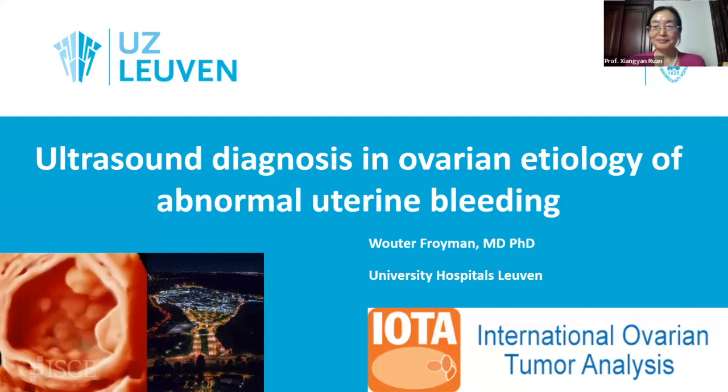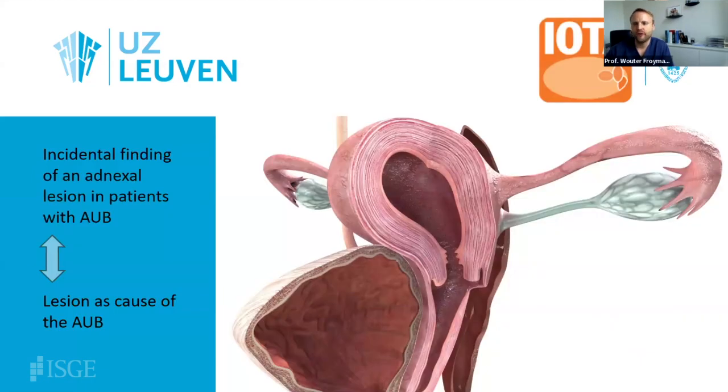Thank you. So we talk about ultrasound diagnosis in ovarian pathology that could cause abnormal uterine bleeding. First of all, we have to distinguish possible incidental findings of an adnexal mass in patients that present with abnormal bleeding. And we can have patients where the lesion is really the cause of the abnormal uterine bleeding.